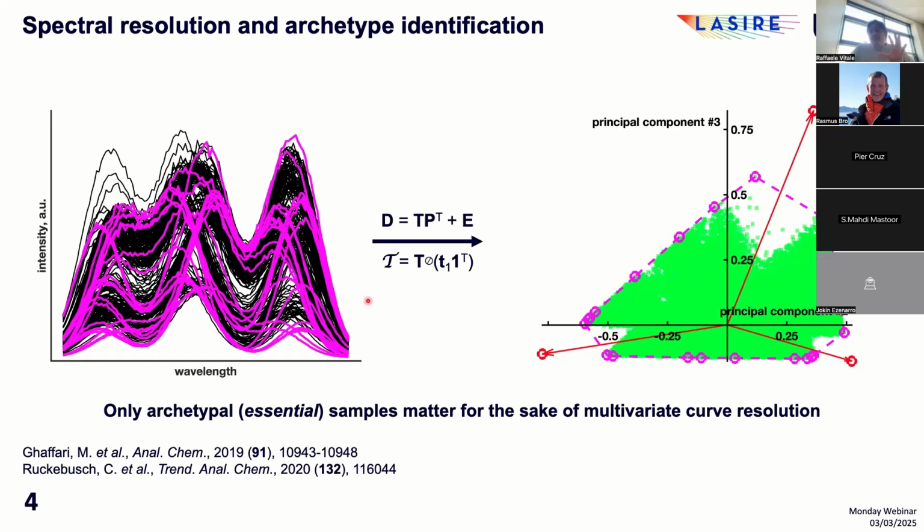Now, let me stress once again this point here to avoid falling in a common trap that I'm sure Cyril knows very well, that is tormenting us since the very beginning of all this story. We are perfectly aware of the fact that archetype selection does not always guarantee the resolution of a spectral unmixing problem, since archetypes, as in this particular case, do not necessarily correspond to pure component spectra.